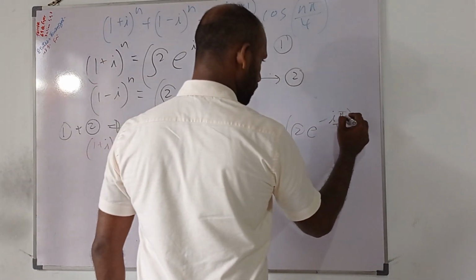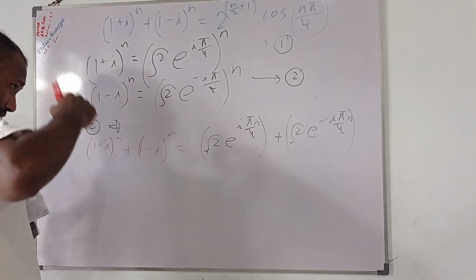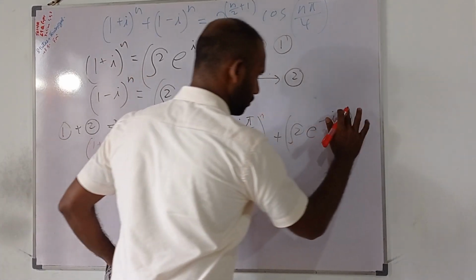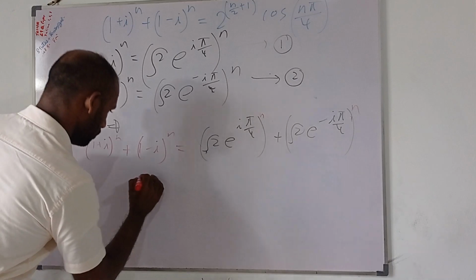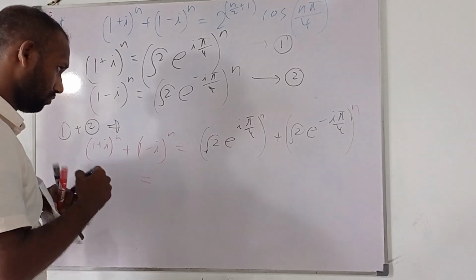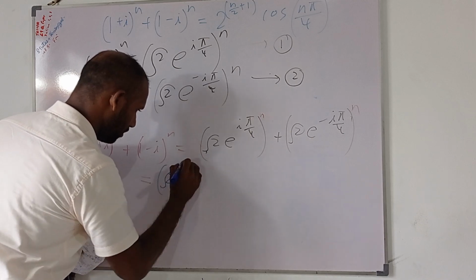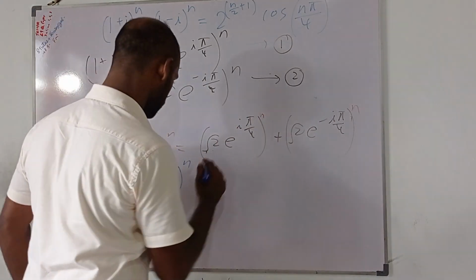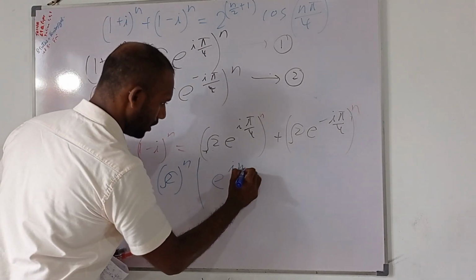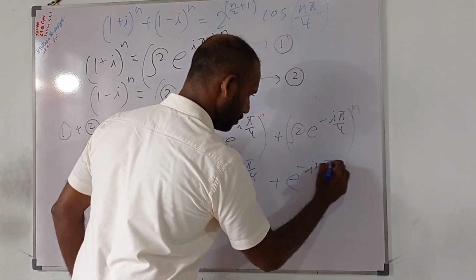So n comes here. So I take root 2 to the power n out. So root 2 to the power n, and e to the power i n pi by 4 plus e to the power minus i n pi by 4.